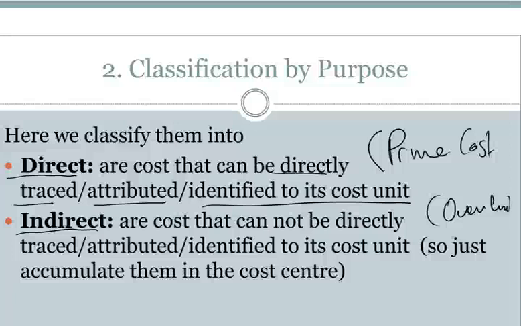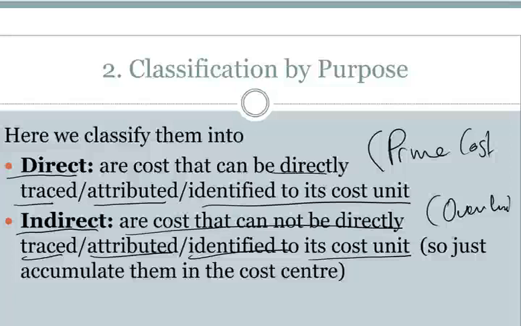While indirect costs are costs that cannot be directly traced, identified, or attributed to a cost unit. So you are failing to actually say which of this cost can be related to the cost unit. For example, the same bed, right? We can be using electricity.